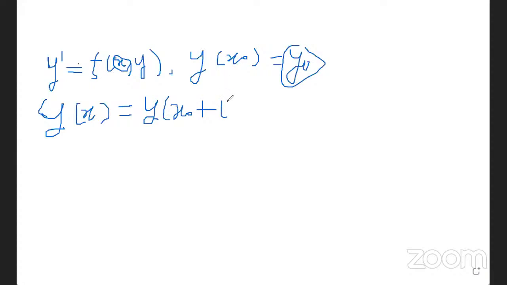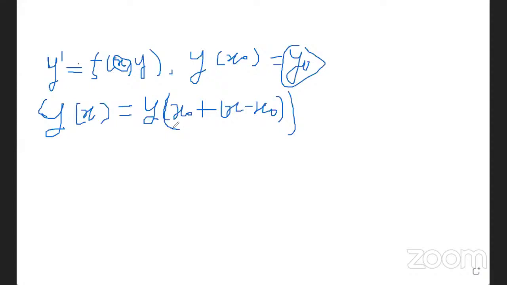So I add x naught and subtract x naught. There is no harm in doing that. This thing is clear. I know x, but I don't know the value of y at x. I don't know y at x, but I know y at x naught.